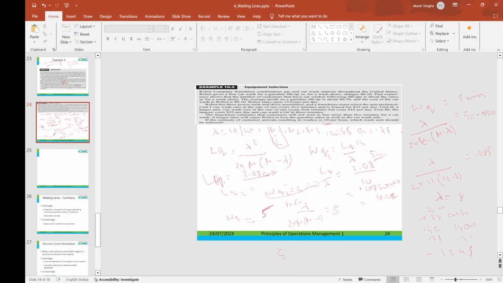And how much are we saving if we are taking the first one? The first one's cost is 12 per day, and the second one is 16 per day. So we are saving $4 by not taking the second one, but we are losing $15.4. So this is not beneficial for us, so we should go to the second one, where we won't lose any customers and we won't lose this $15.4.